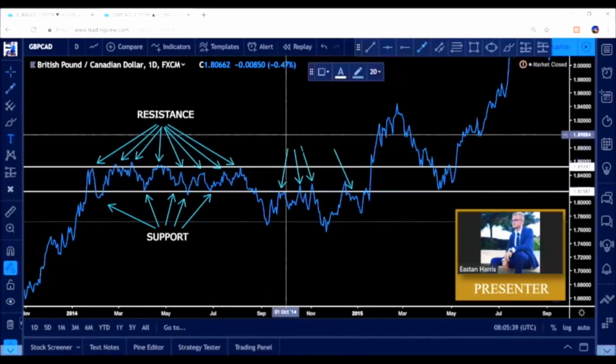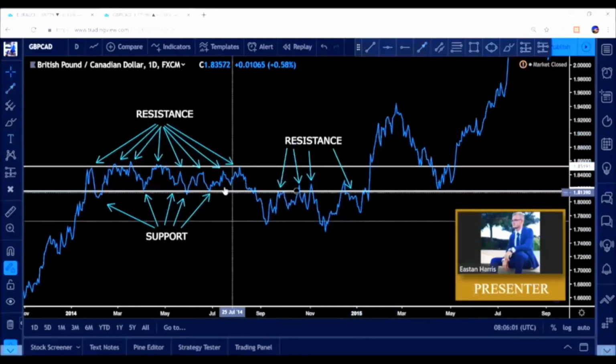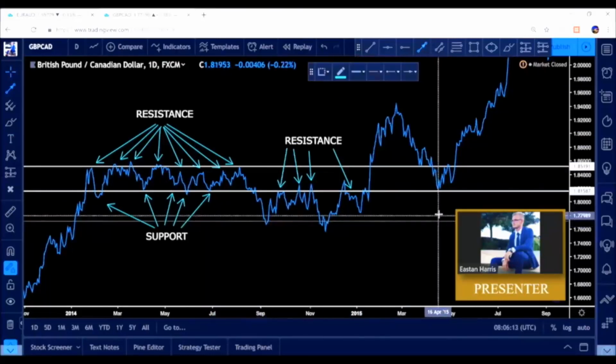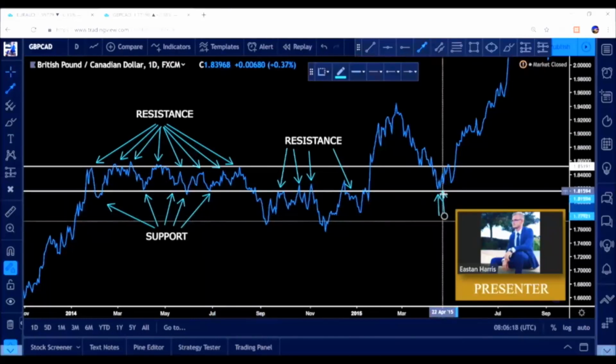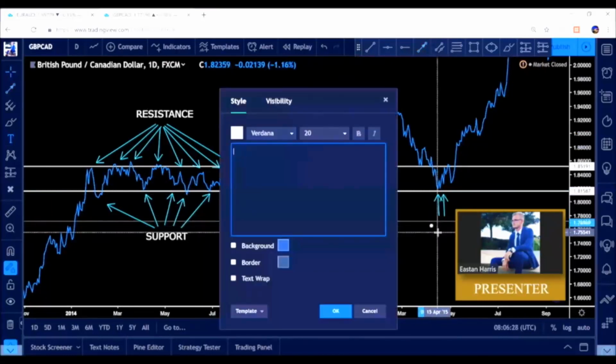We have another resistance. Now, following our support and resistance line, the bottom one here, we can also see that it held as support yet again, right here in this area.